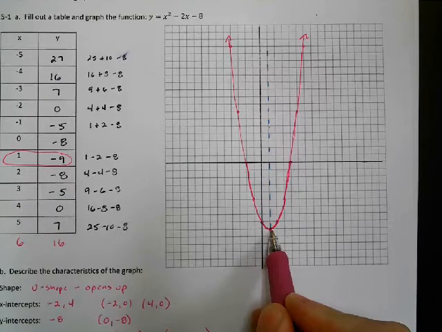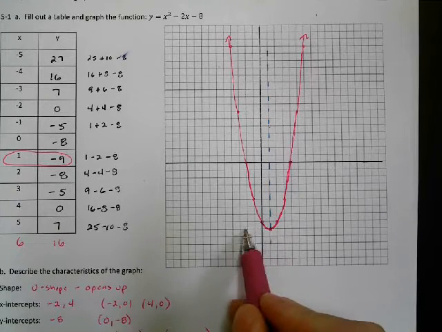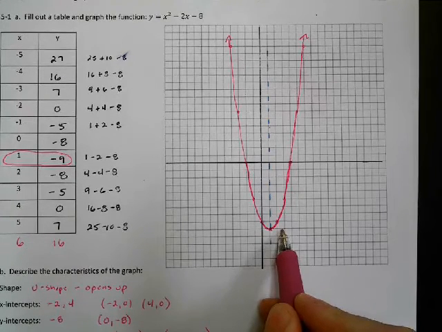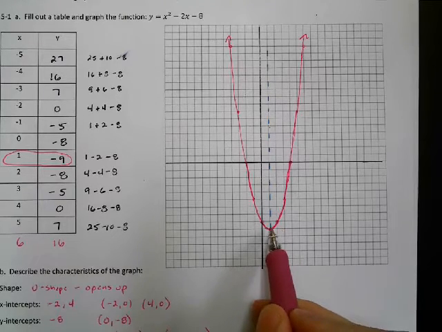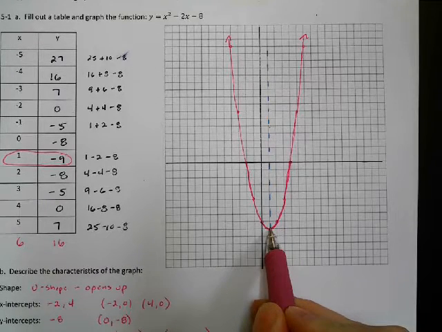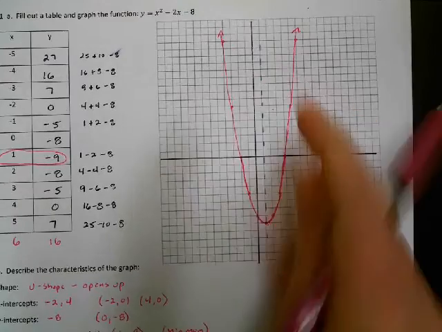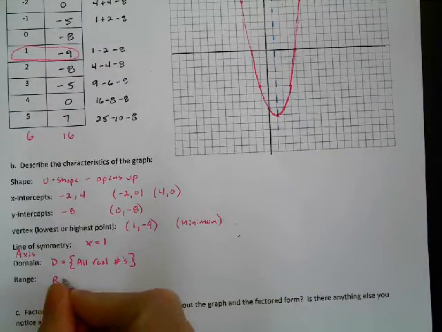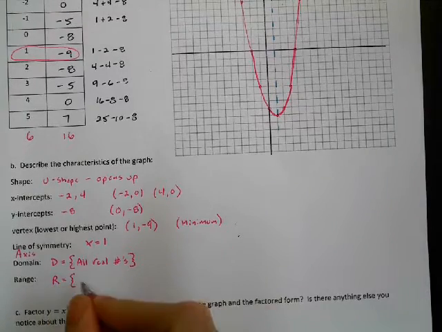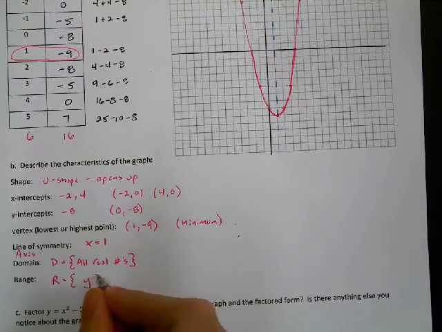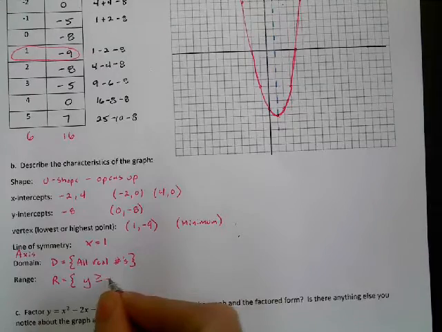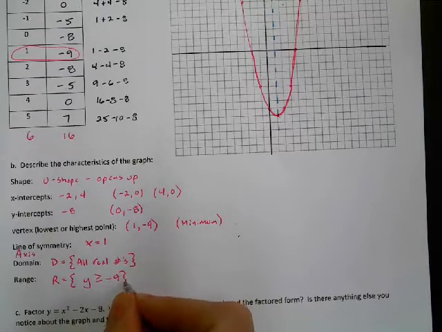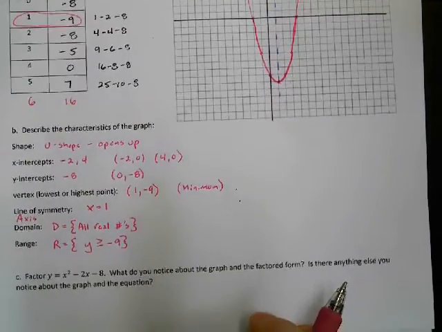So I'm never going to get below -9. So my range values have to be -9 or any y value bigger than -9. So when we say the range for this one, our range is going to be the set of the y values that are bigger than or equal to -9. So there's our range values there.